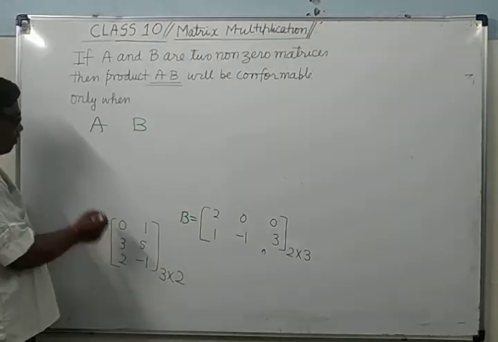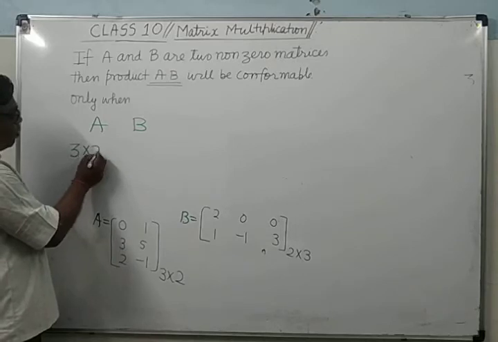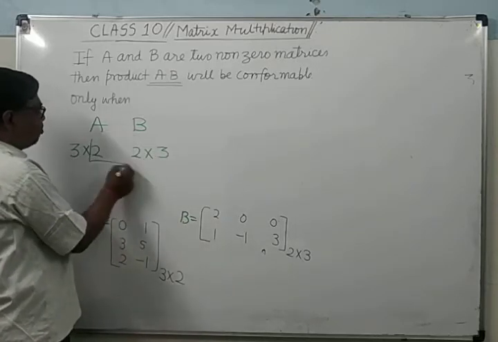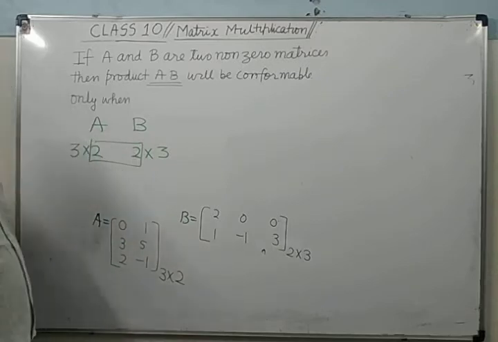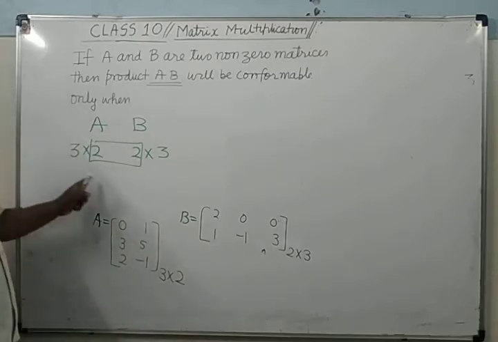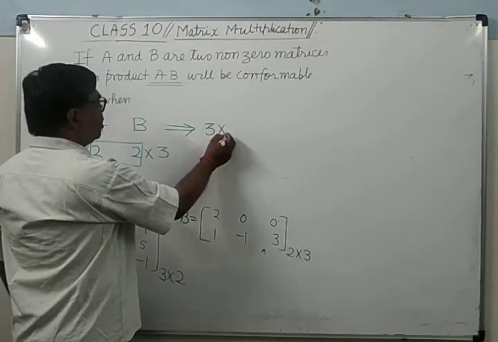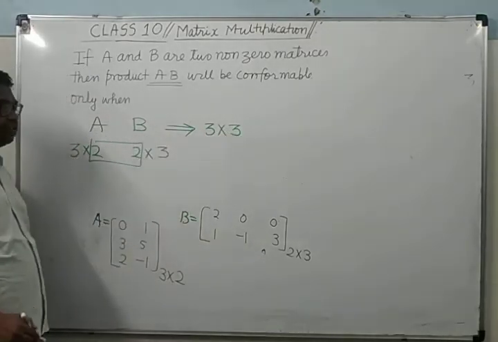So what is the order of A? 3 cross 2. What is the order of B? 2 cross 3. Yes, these two numbers are the same, therefore the product is possible. What will be the order of the result matrix? It will be 3 cross 3.